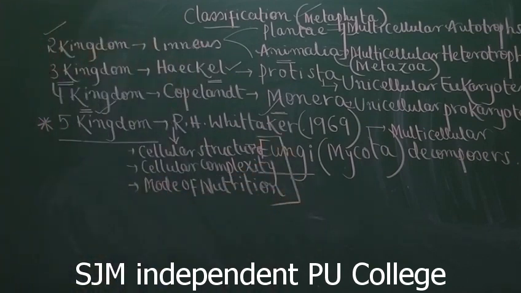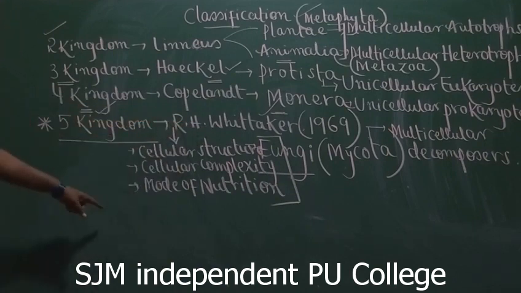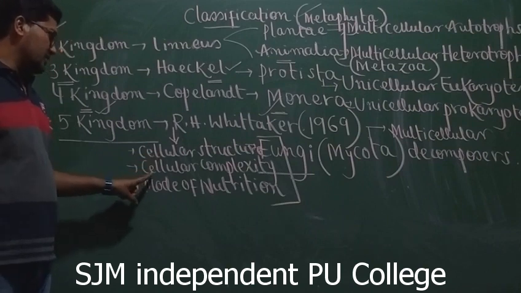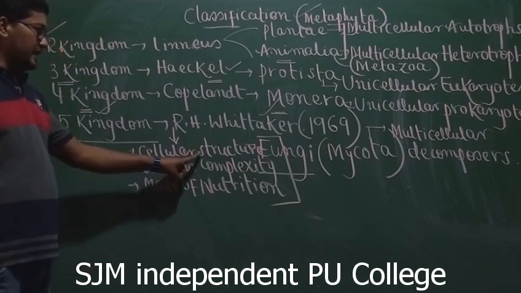The three important criteria for R.H. Whittaker's 5 kingdom classification are cellular structure, cellular complexity, and mode of nutrition.